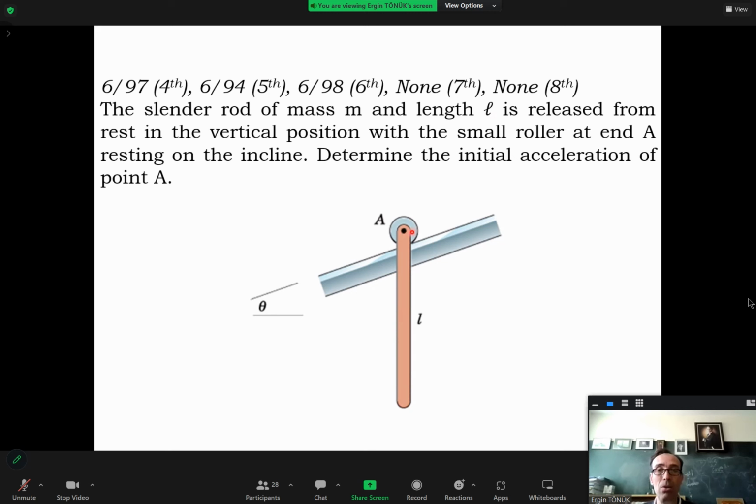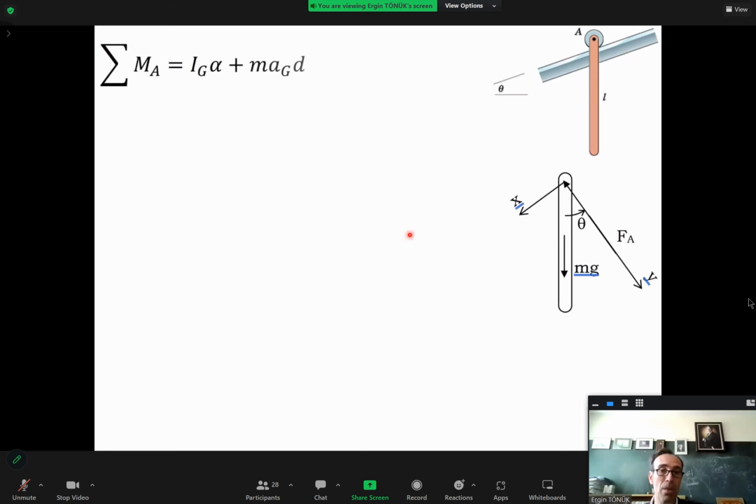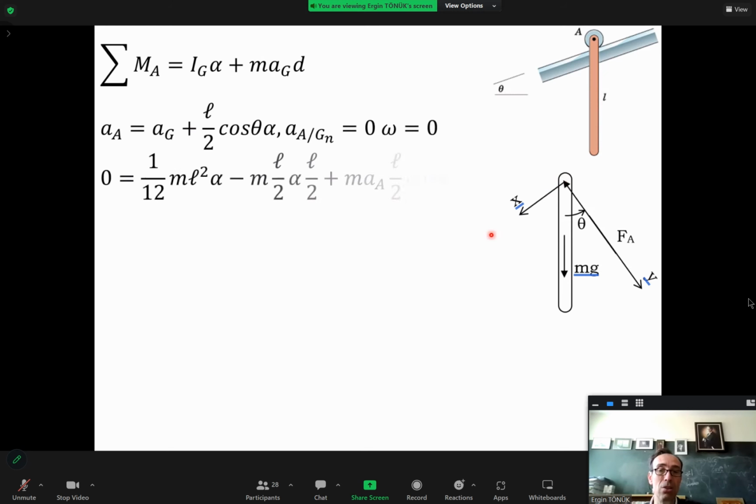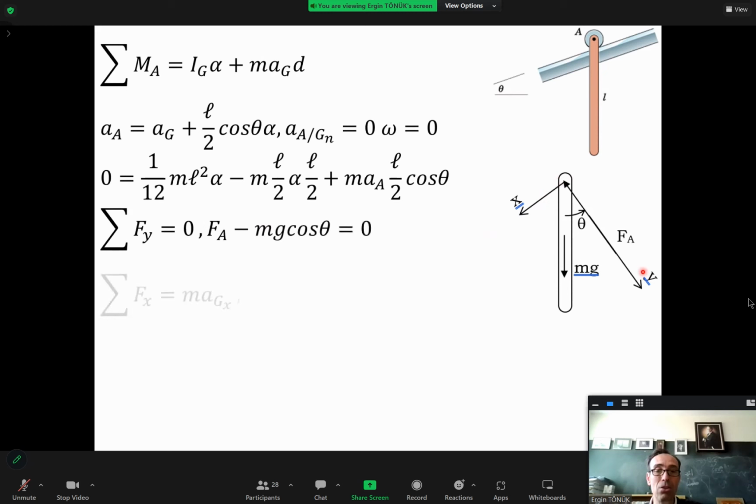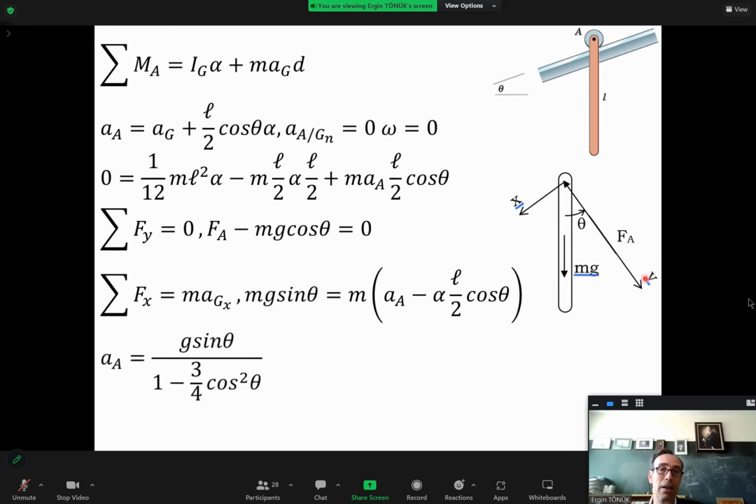So what we may do is this. We have to draw the free body diagram. I will assume x direction along the incline, y direction perpendicular to it, okay? This will help me to sum up the forces.